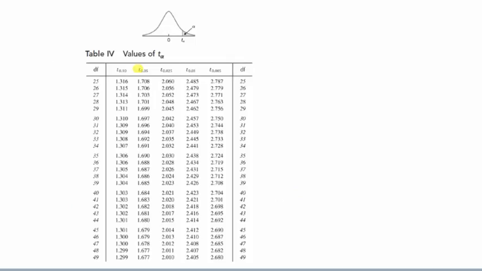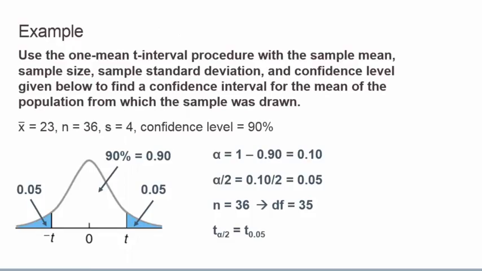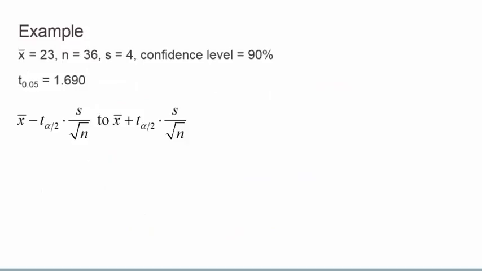So we want to find our column, t sub 0.05, and our degrees of freedom, 35. That crosses at 1.690. So t sub 0.05 equals 1.690.